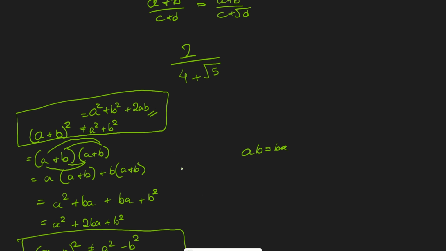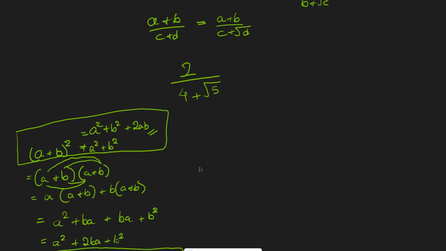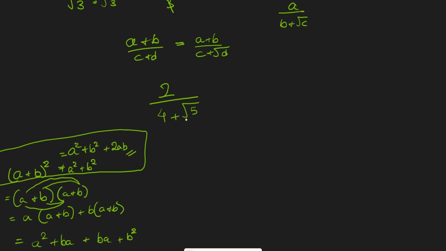Okay, so now that we know this, let's come back to our problem here. So we want to remove this root, right? And we have another number here. So this is in the form of a plus b, where a is equal to 4, b is equal to root 5.